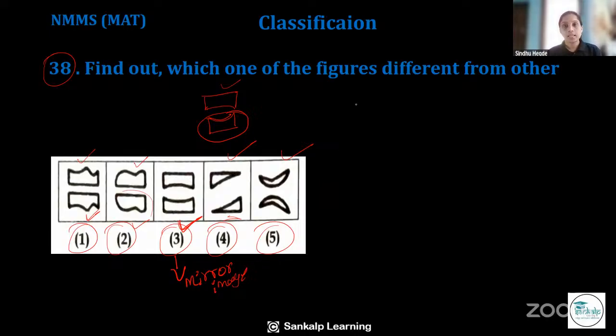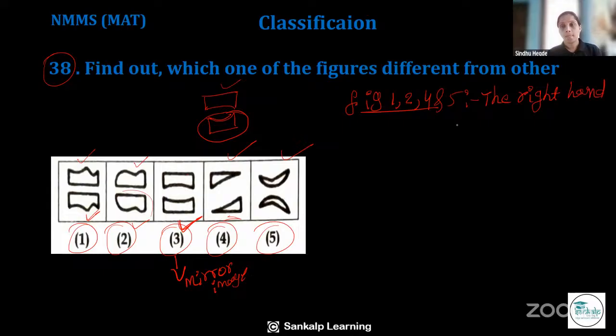We can say that for figure 1, 2, 4 and 5, the right hand figure is obtained by 180 degree rotation of left.